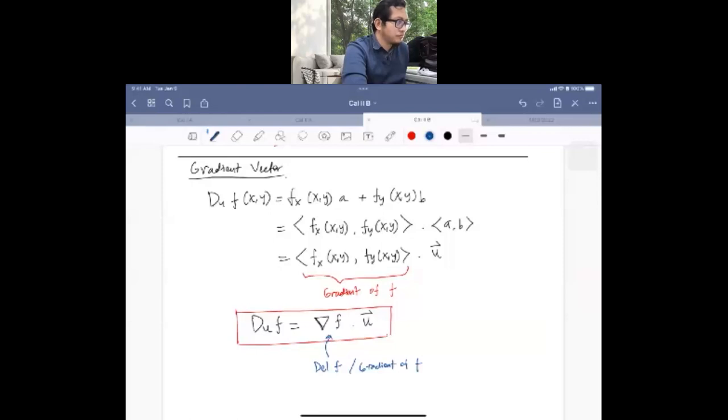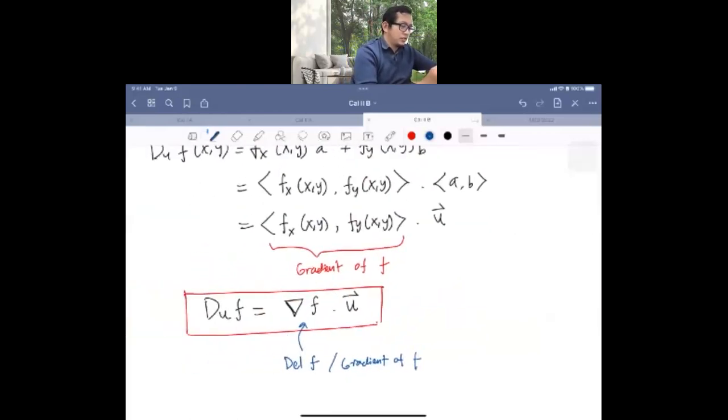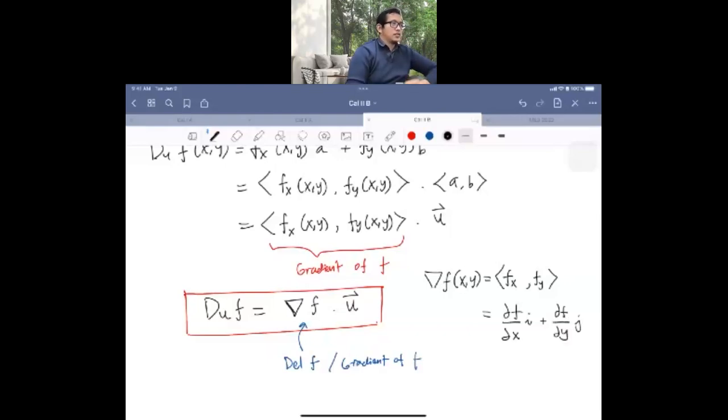We can also write the del with i and j. Actually the same thing.